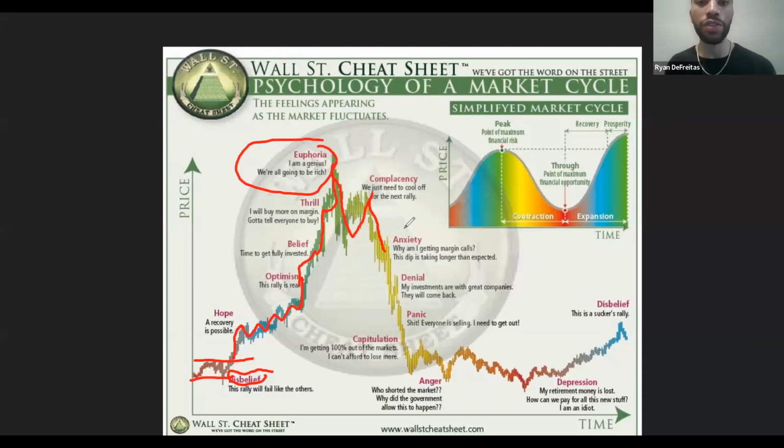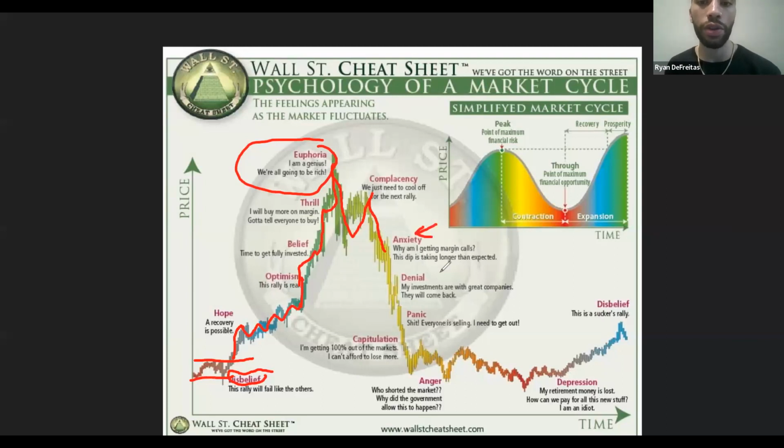Imagine being in a trade and buying something up here in the thrill or euphoric stage, and that's what most people will buy. And then the market starts to reverse. It hits their entry, starts to go back down. Now you're in drawdown, or now you're losing money. You get anxiety, you get all these things.